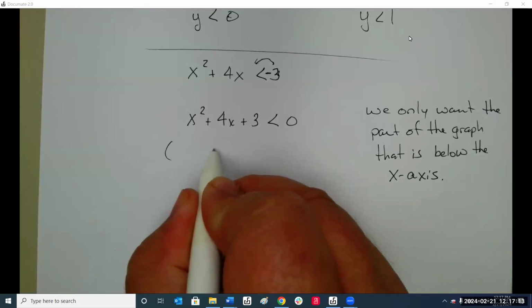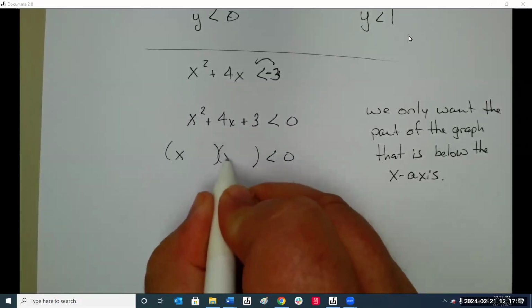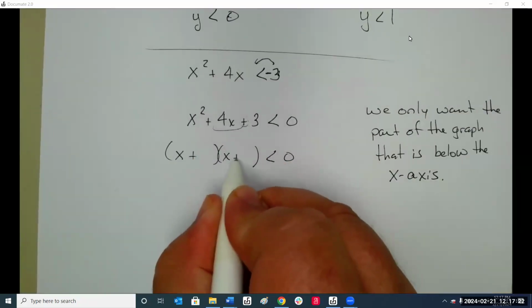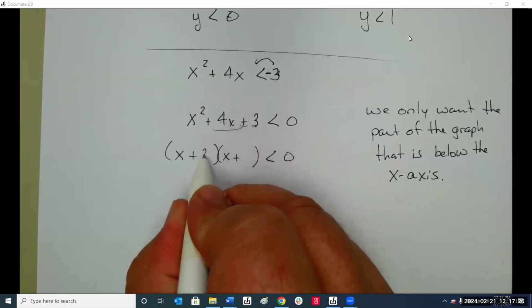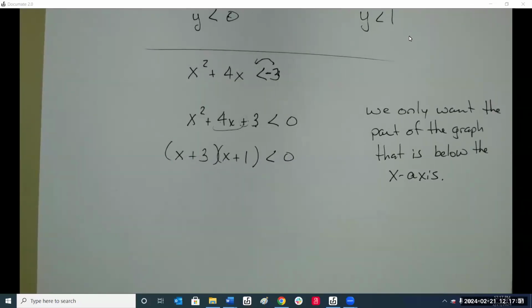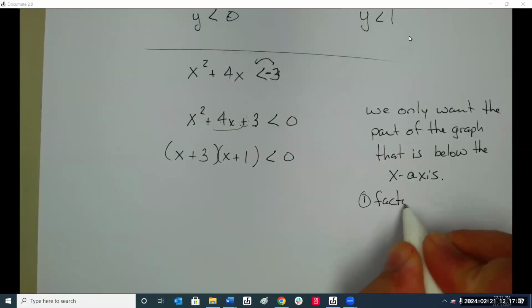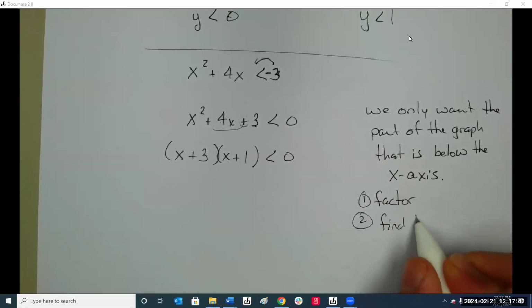Factor your equation if possible. They're both the same, they're both plus. What times what is 3, and when you add them, you get 4? 3 and 1. So the first step is factor. Then find the x-intercepts.